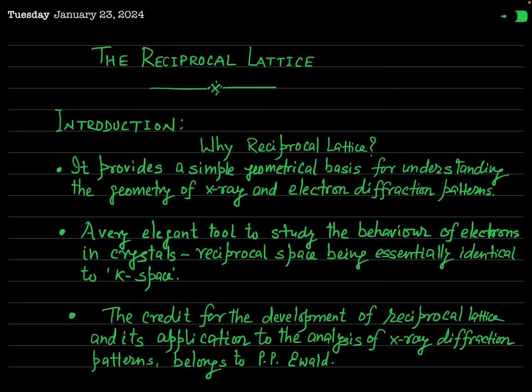So in a nutshell, this reciprocal space is the Fourier transform (FT) of real space. This space is also called Fourier space, or the k space, where k is the wave vector.